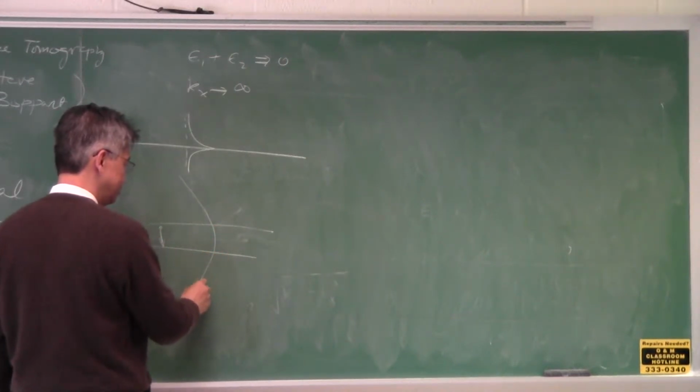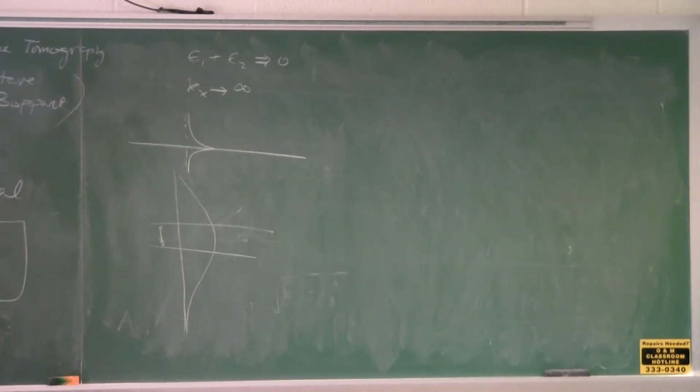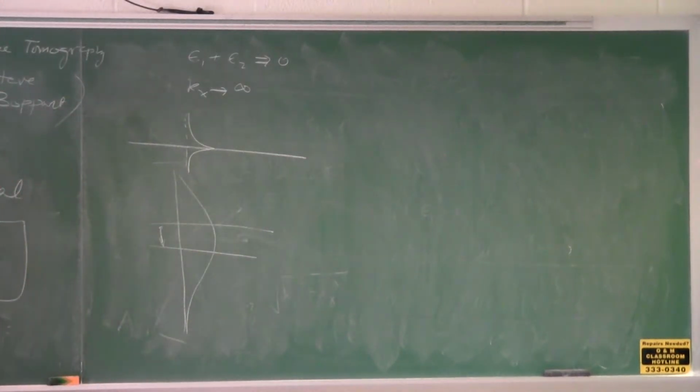The mode is actually somewhat like that. And because of that, you have to bundle optical fibers with a certain distance apart so that they don't talk to each other. There's no crosstalk between the optical fibers. You have to have a cladding around the optical fiber, because this mode is not confined.